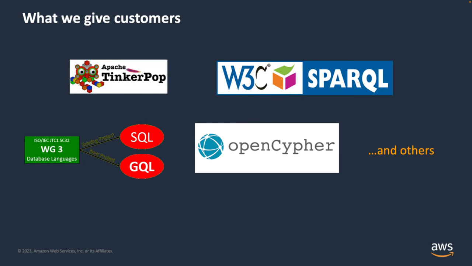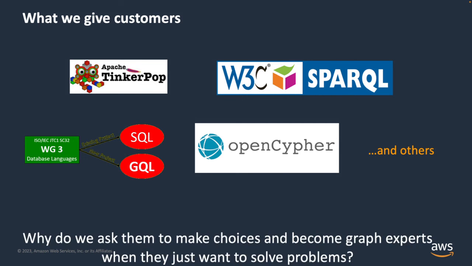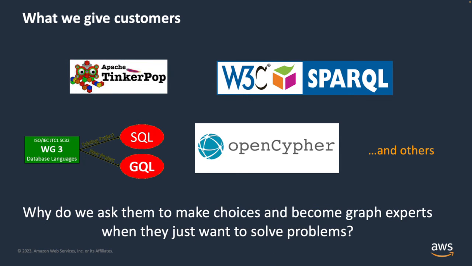But what we give customers to do this are things like TinkerPop and SPARQL and openCypher and GQL and a long list of other different things. And we ask them to make a lot of choices. We ask them to become graph experts. Sometimes we project our kind of graph coneheads onto their business problem. And all that they really wanted to do was to use their data and get some kind of answer.